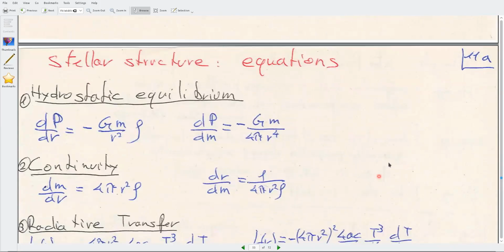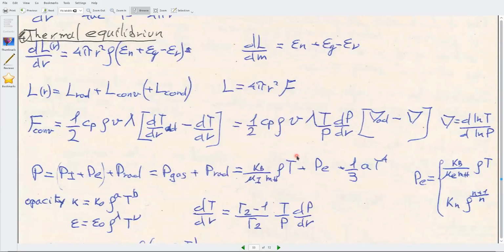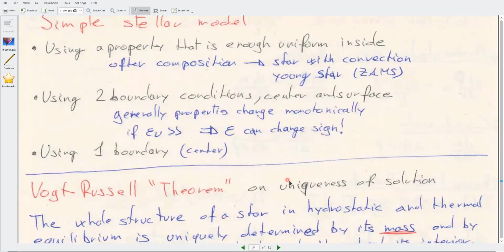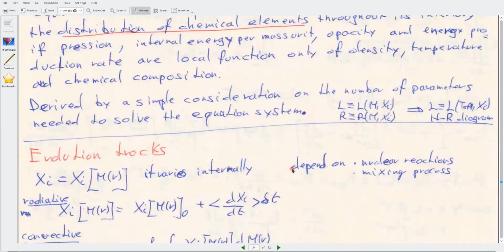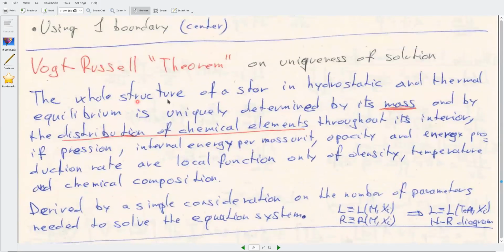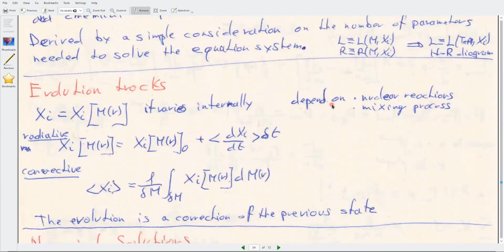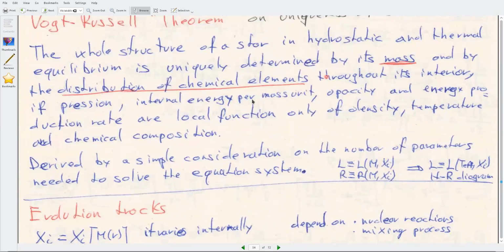Then we saw the star structure, where we use all the boundary conditions. We see again simple stellar models, the Vogt-Russell theorem that permits us to say that essentially a given mass and distribution of chemical elements will determine all the characteristics of the stars.